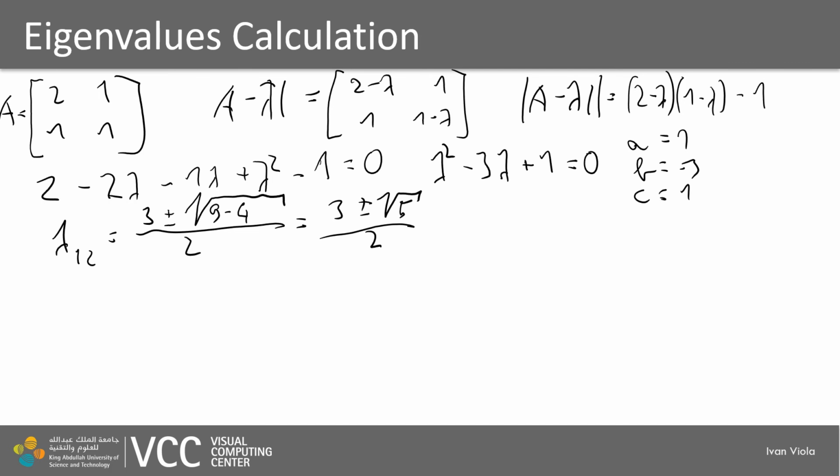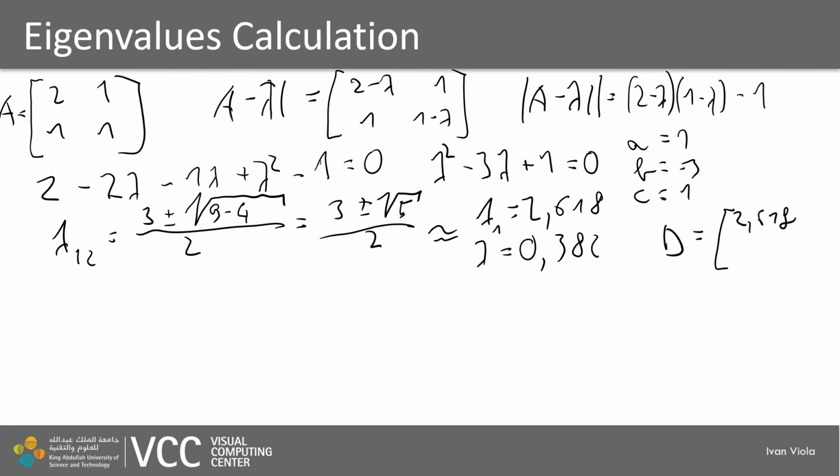And this is then equal to some values which are approximately, lambda 1 is approximately equal to 2.618 and lambda 2 is equal to 0.382.